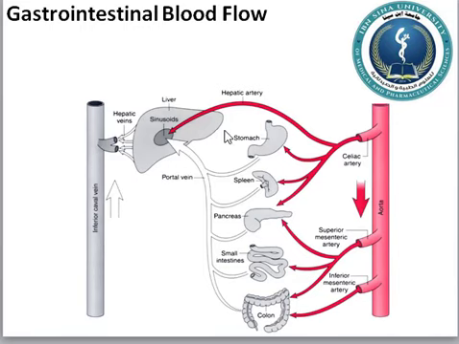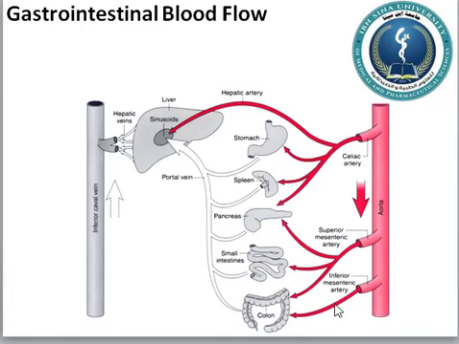Another unique or special characteristic of the blood flow in the GIT, outside the liver, is that there is no capillary network. In the next slide we will see and discuss this also. The supply to the GIT is from three arteries directly from the aorta. The celiac artery supplies the stomach and other accessory parts, which are the pancreas and gallbladder, and then the superior mesenteric artery and inferior mesenteric artery.